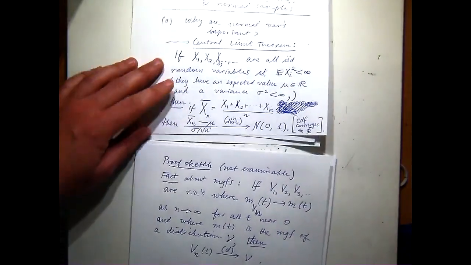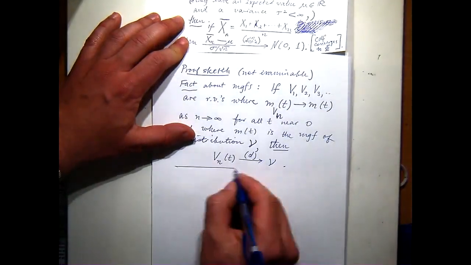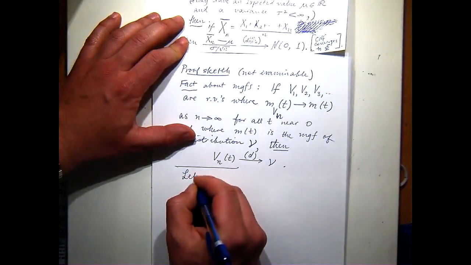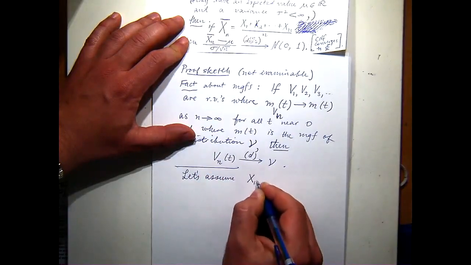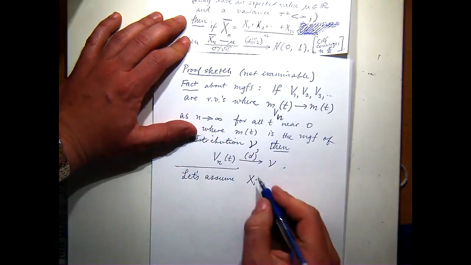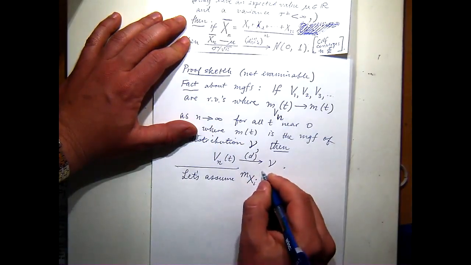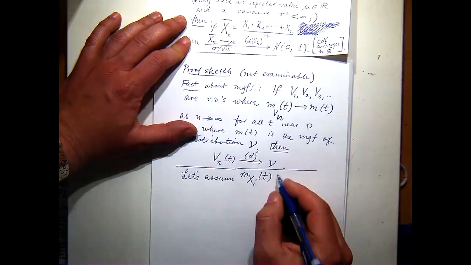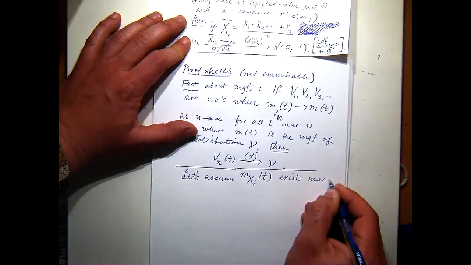Now, because this is only a sketch, I'm not going to go into all the byways of how you get around here. So let's assume that the individual variables, we don't know what distribution they have, but let's assume their moment generating function exists near 0, so in a neighbourhood of 0.